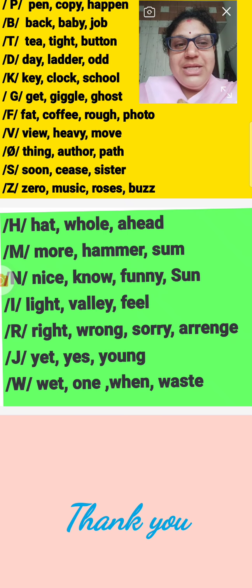When you prepare for that and get an idea, it is very easy for you. Arrange also. But not roses. R is there in roses, but roses will go under the Z itself.